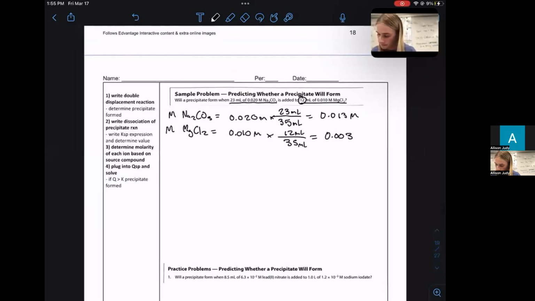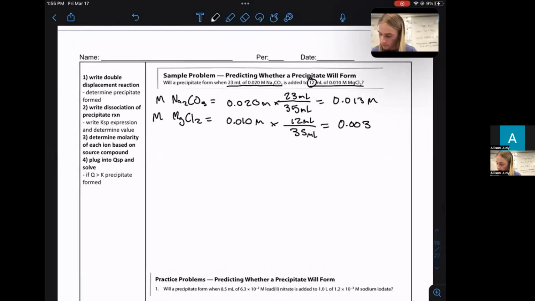Now we can calculate the Q value because we have the concentrations. I should have done this at the beginning, but we need to know our coefficients, so I'm going to write the equation. Sodium carbonate dissolves into 2 sodium ions and 1 carbonate ion.